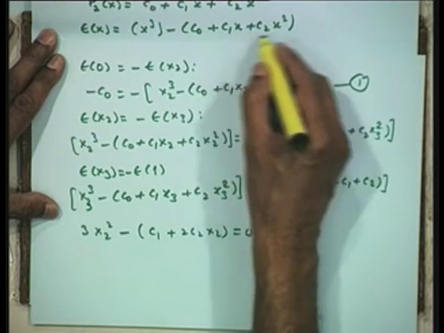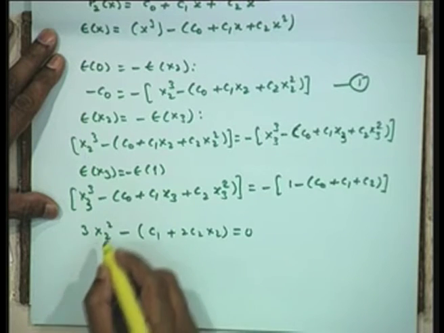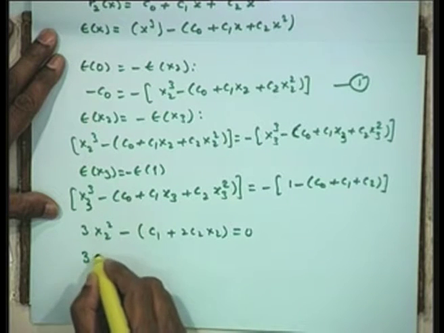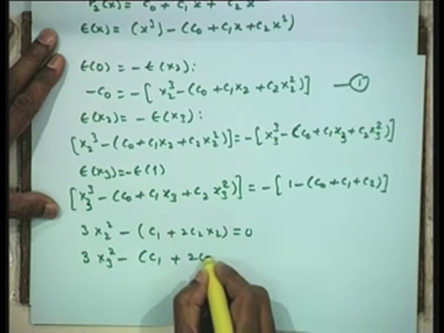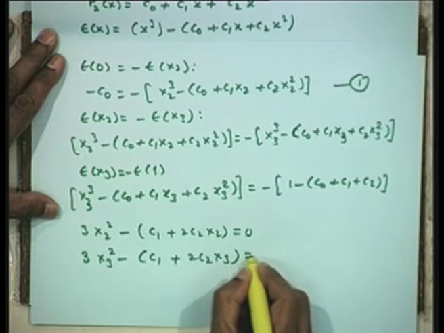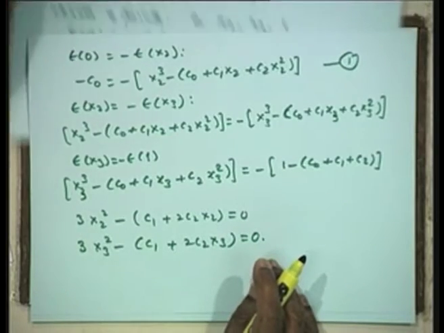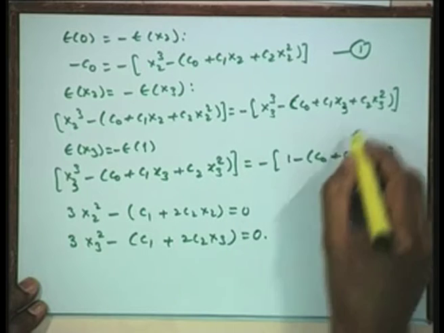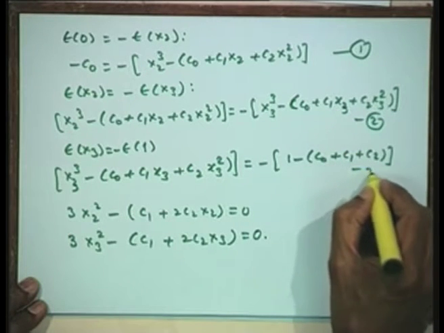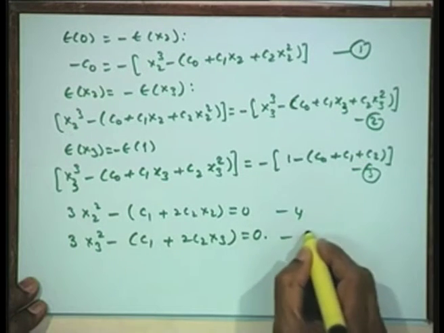I differentiated this, c 1 plus twice c 2 x, and similarly 3 x 3 squared minus c 1 plus twice c 2 x 3 is equal to 0. So, I have this equation 2, this is 3, 4 and 5.